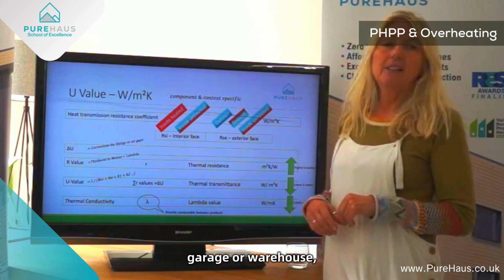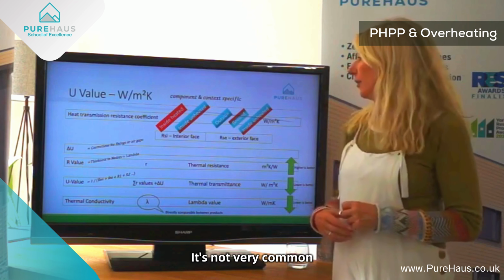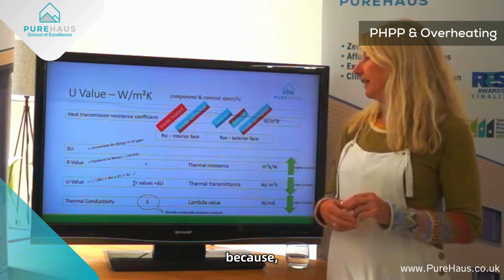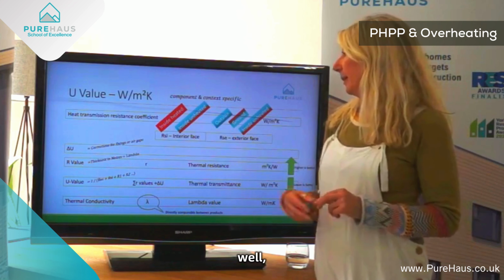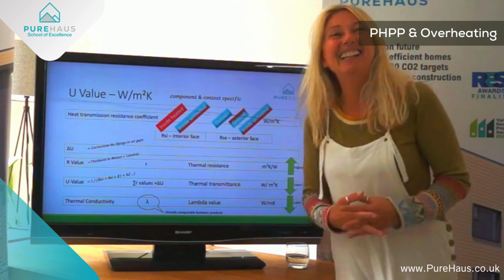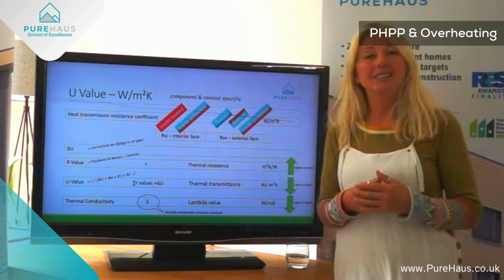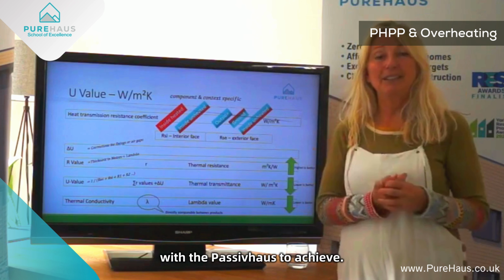Something like a garage or a warehouse attached to the building. It's not a very common one, a bit of an anomaly, because we don't use heating. It's just whether or not it maintains the 20 degrees that we would hope the Passive House has to achieve.